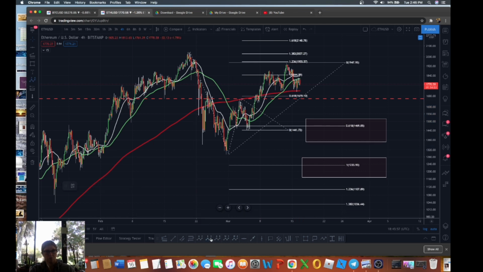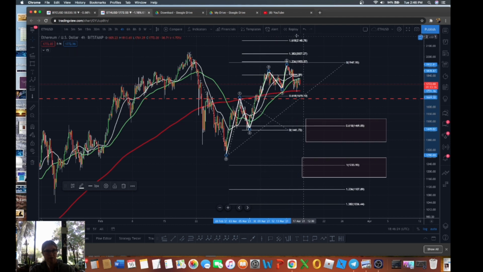What I wanted to talk about here is that we assumed, or we thought, that this was either a 3-wave move or it was a 1, a 2, a subdegree 3, because it didn't hit the 1.618, 3, 4, 5, basically. But as you can see, we didn't come up and hit the 1.618, which is the minimum.